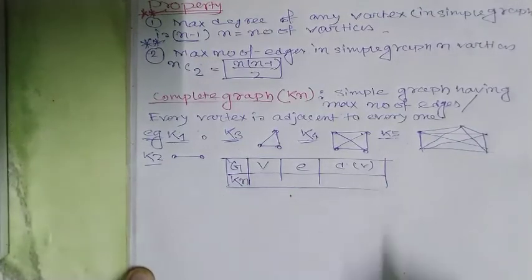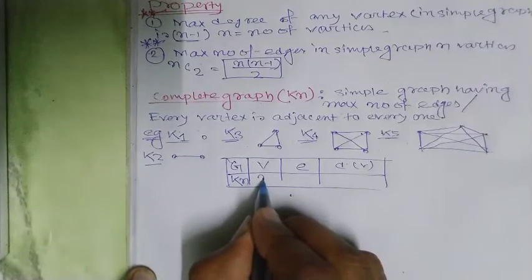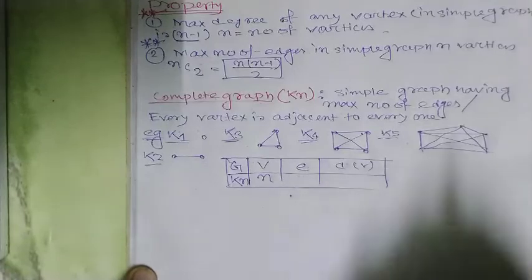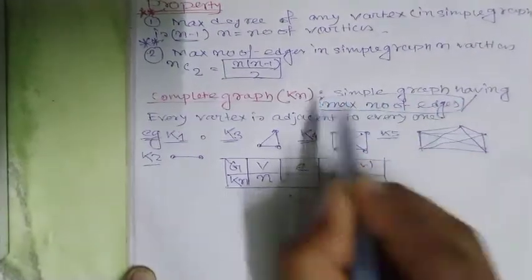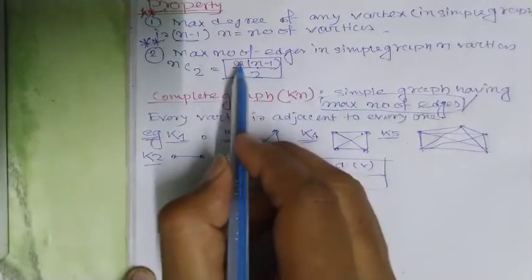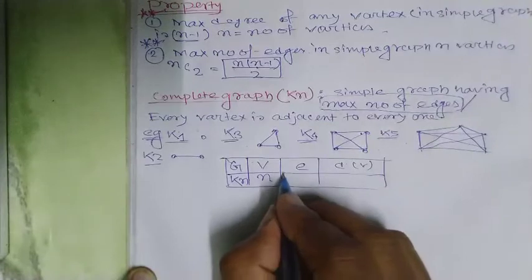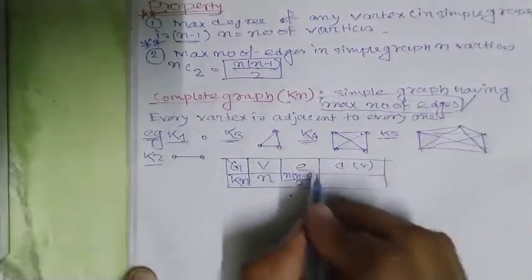This is known as Kn, and the number of vertices is n. And what is the number of edges? Like we have said, the max number of edges in the definition. And the max number of edges in a simple graph that we have discussed earlier is n into n minus 1 by 2. And you can match with the examples.